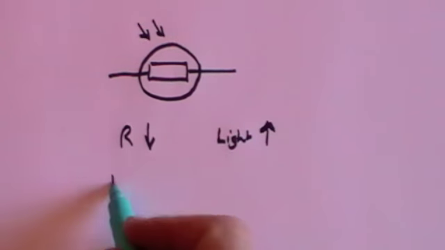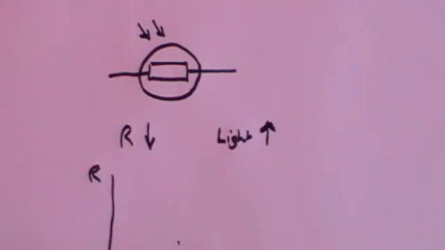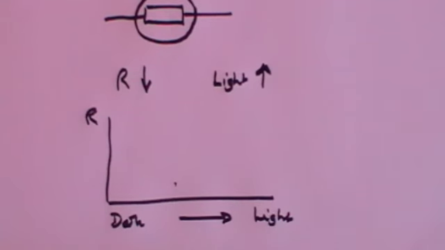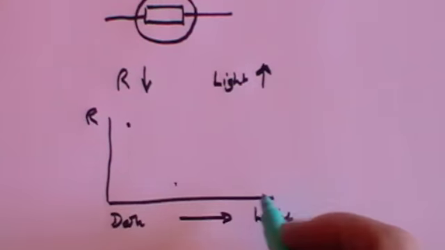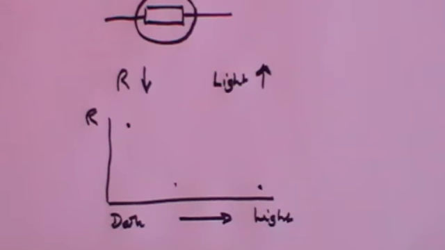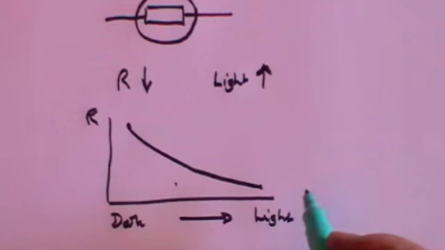If you draw the graph of resistance against light, this is dark, this is light, so we're getting lighter in this direction. When it's dark, the resistance is high. When it's light, the resistance is low. Once again, those are connected not by a straight line, but by a curve.